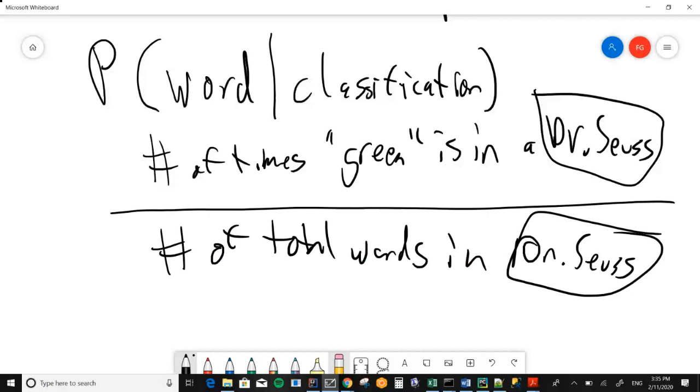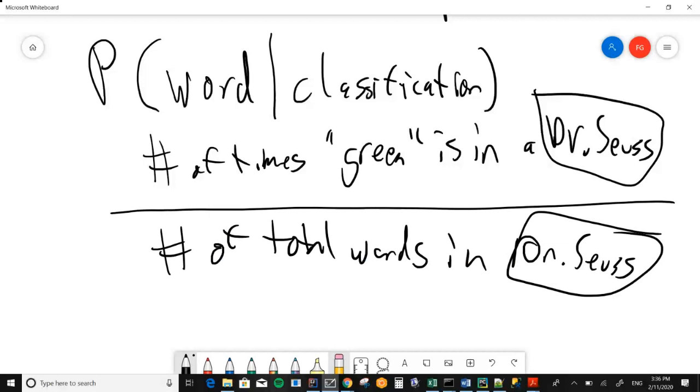So as this input document comes into play, if that word appears, then that's the probability we're in that category. And that's the general idea of the naive Bayesian classifier.